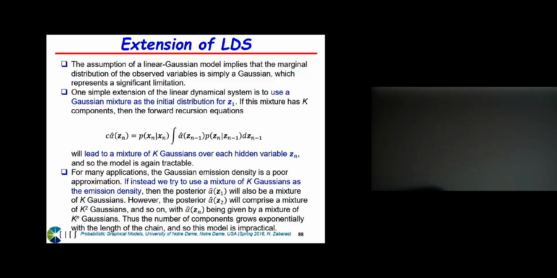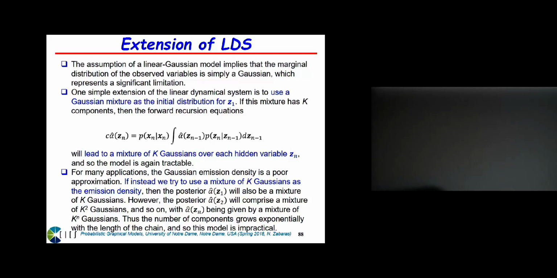Maybe your noise model is not Gaussian, maybe your initial state is not Gaussian. So how do you use this equation, let's say, when this is a Gaussian mixture, okay? And there's a typo here, xn given zn.